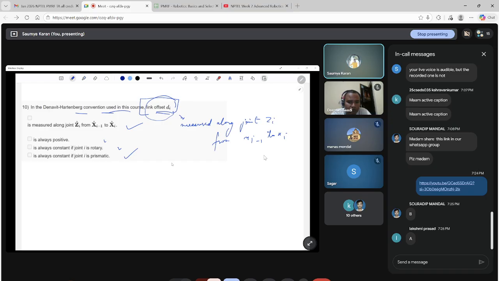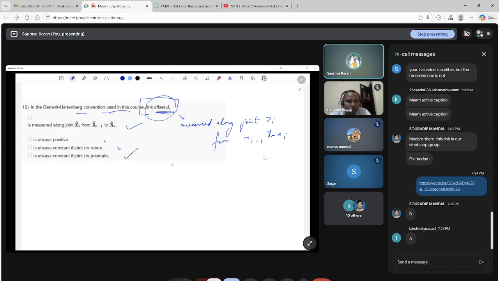Okay, so zi is the joint axis I, di measures the offset along that axis, right? So the reference points are xi minus 1 and xi, or you can say xi and xi plus 1. If we are going to have some link offset, it has to be measured along which axis? It has to be measured along the x-axis.